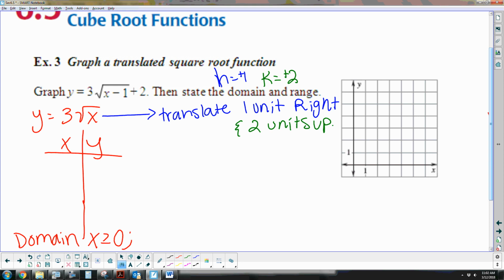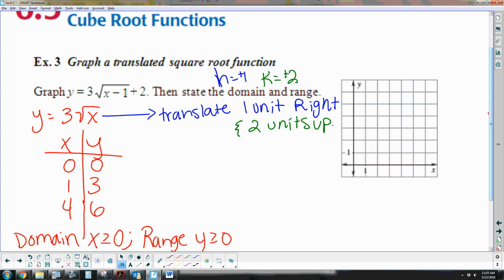And since 3 is positive, our range is y greater than or equal to 0. So let's start with 0. We'll just do these three numbers: 0, 1, and 4. If x is 0, y is 0. If x is 1, 3 times the square root of 1 is 3. And if x is 4, 3 times the square root of 4, which is 3 times 2, is 6.